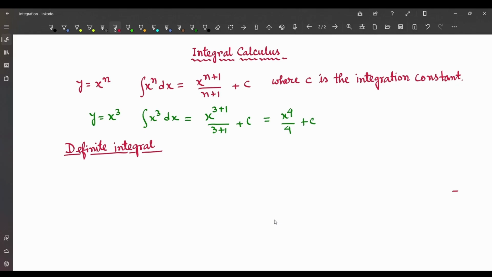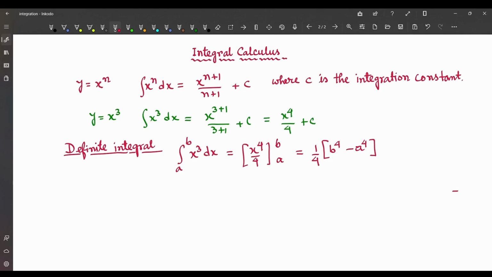If we integrate x to the power 3 dx from a to b, then it is a definite integral. Here the constant is not required, and we can write x to the power 4 by 4 from a to b, and we use the upper limit and lower limit in place of x, that is 1 by 4 upper limit minus lower limit.